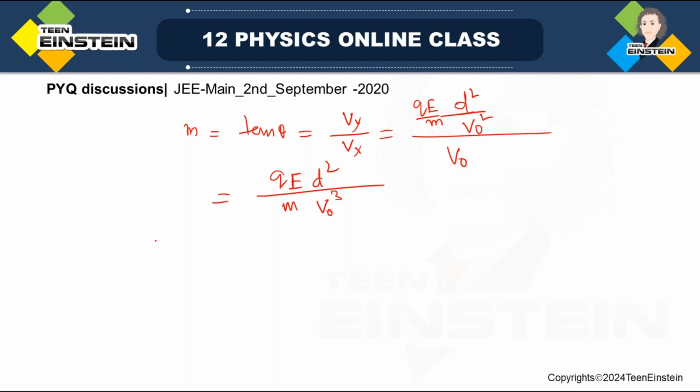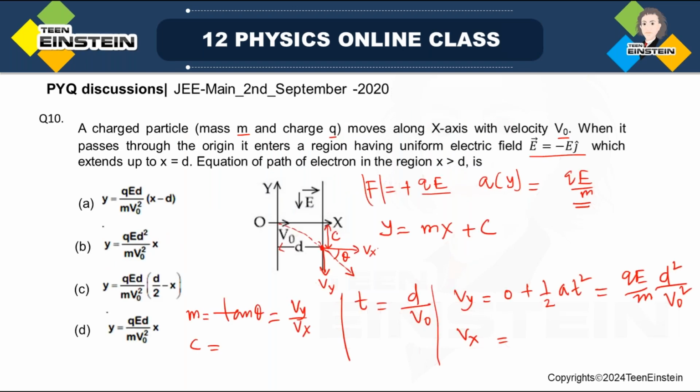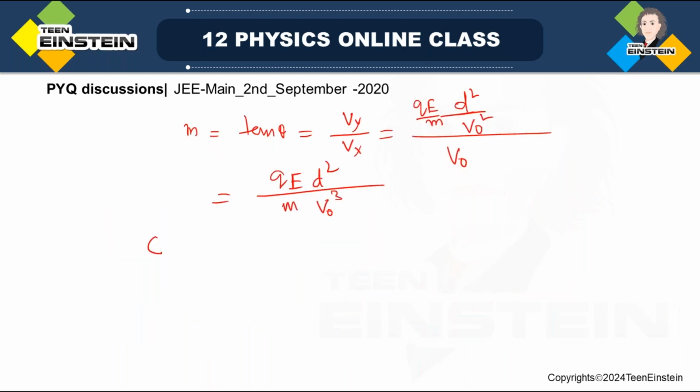Okay, let us find out what is c. Mx plus c, right? x is x itself. Mx plus c. I think Vx is v naught, fine.